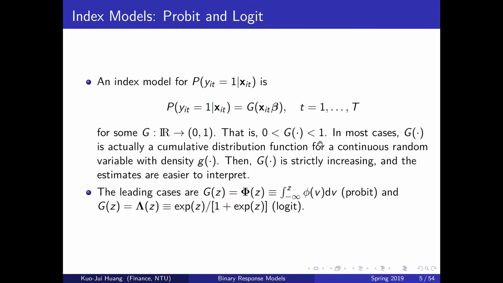And in most cases, the g function is actually a cumulative distribution function for a continuous random variable with density lowercase g. And also the g function is increasing. If you use the probit model, then the g function is the normal distribution. If you use the logit model, the g function is the lambda function, which is defined as exponential z over 1 plus exponential z.